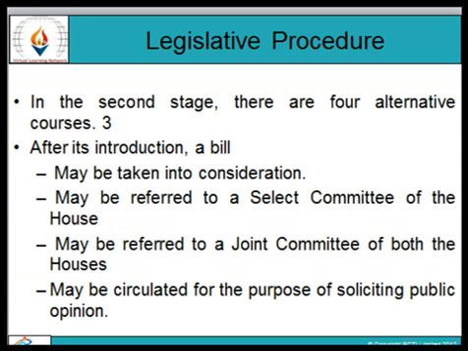While the first three options are generally adopted in case of routine legislation, the last option is resorted to only when the proposed legislation is likely to arouse public controversy and agitation.